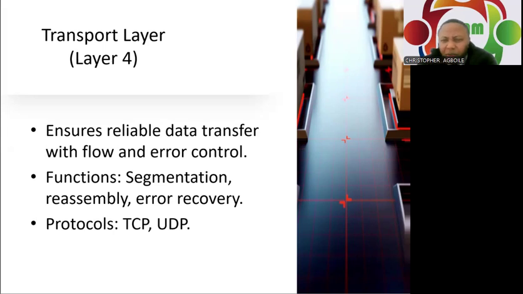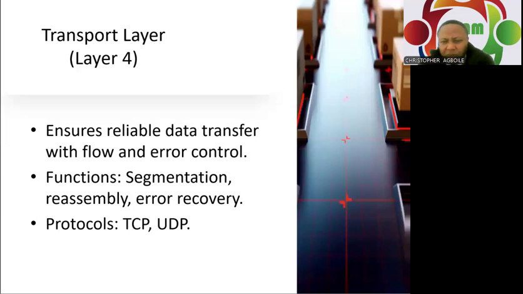Then the major function of this layer 4 has to do with segmentation and reassembling of data. Segmentation: you segment the data that is going to be received and transported.